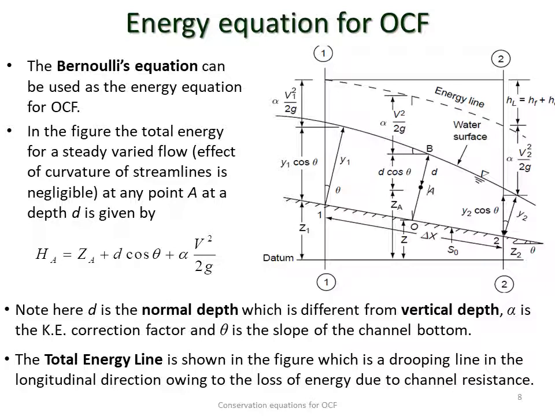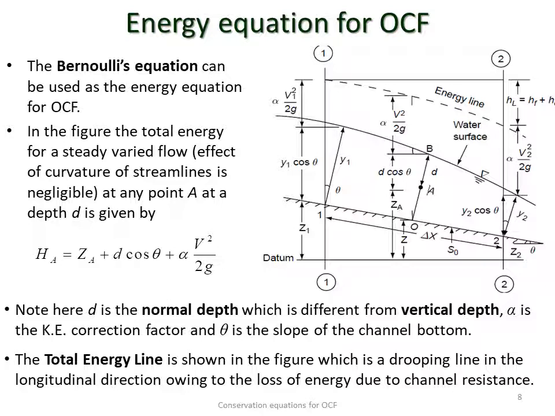Vertical depth is the cos theta component of the normal depth. So the vertical depth here is y1 cos theta, d cos theta, or y2 cos theta at different sections. Remember, this is the difference between normal depth and vertical depth.